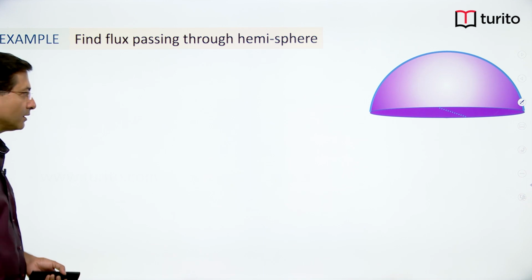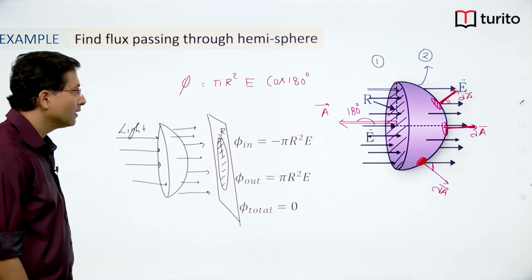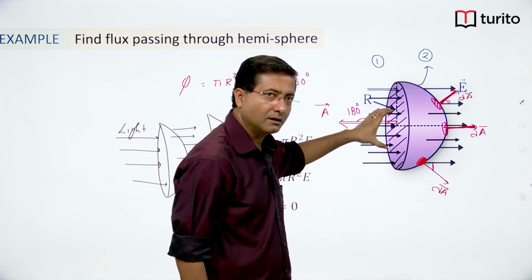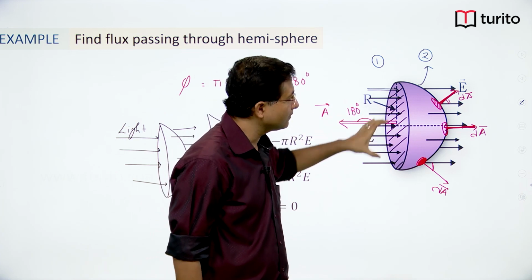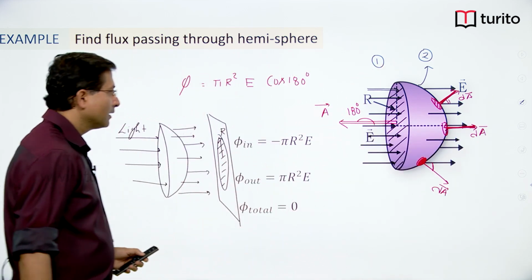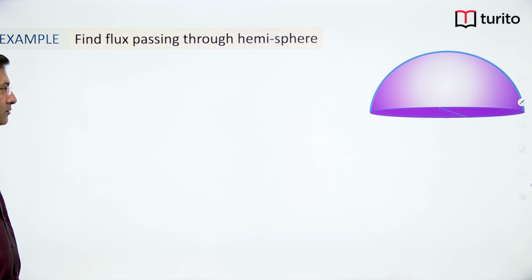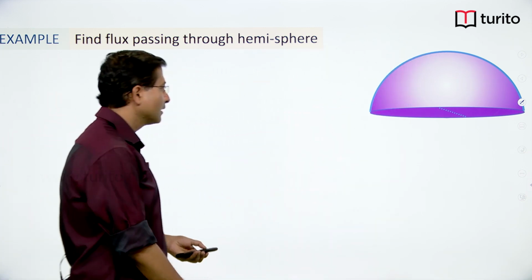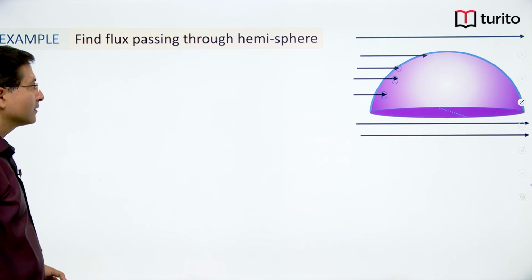So instead of allowing lines to get into the hemisphere this way, if I turn the hemisphere, and then I ask, so this hemisphere is placed in a uniform field, lines are getting into it.